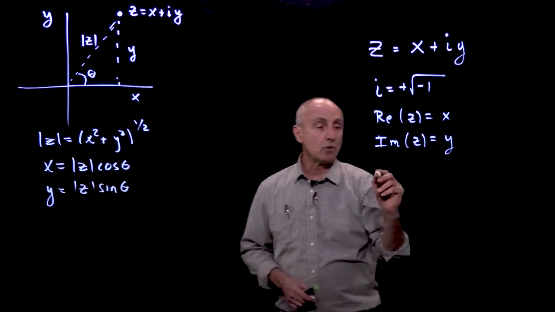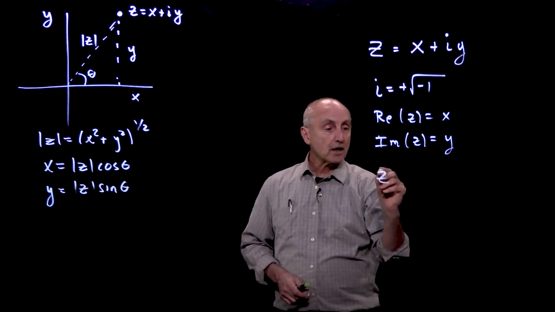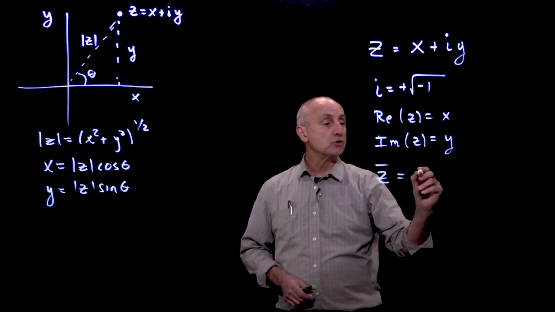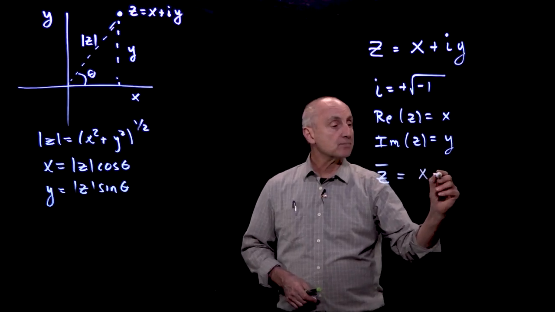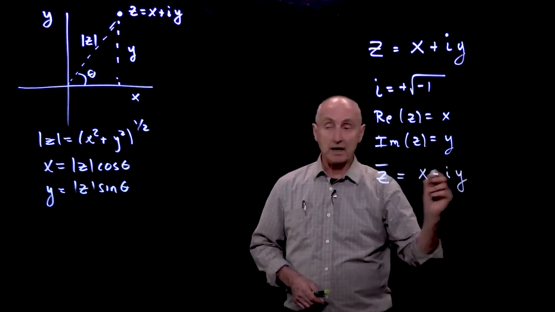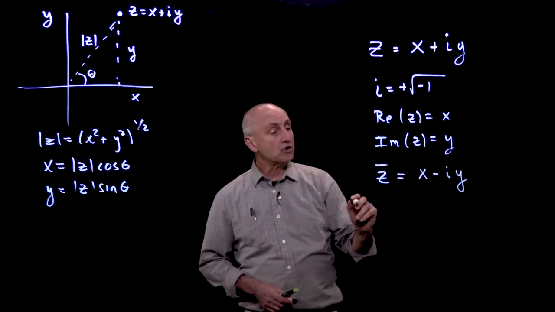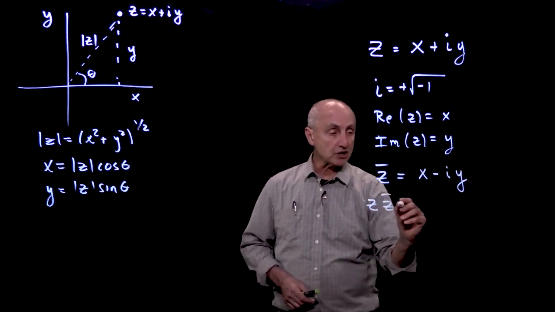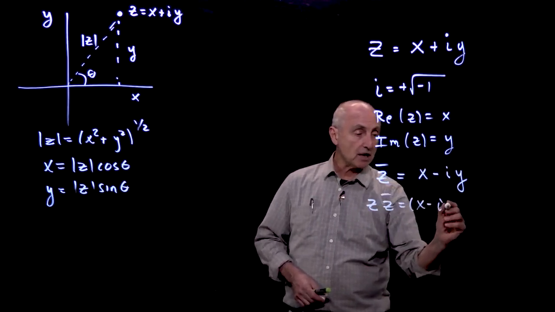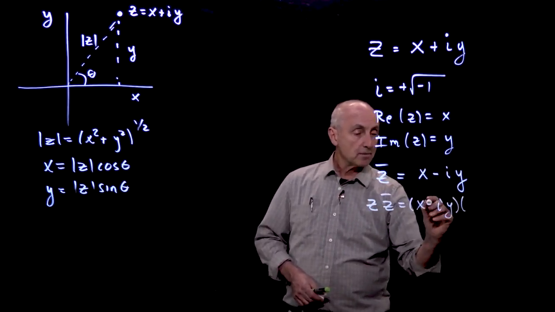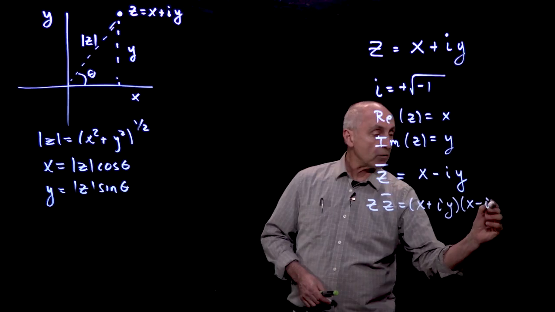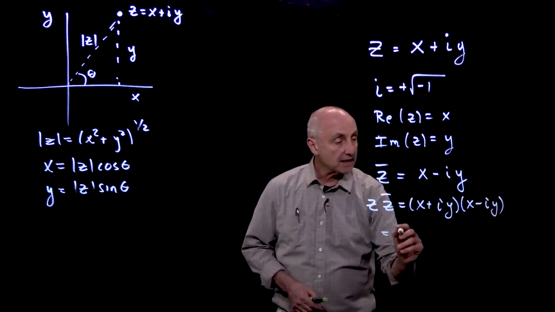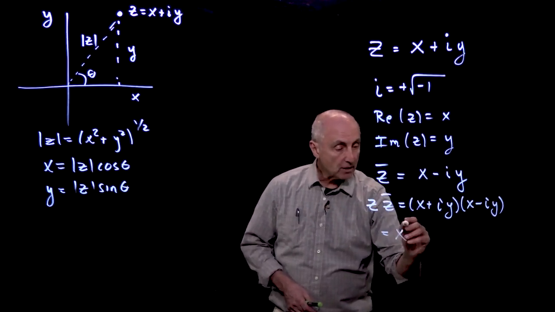Let's define what we call the conjugate complex number z bar as equal to x minus iy. So when we take the product of the complex number and its conjugate, that's x plus iy times x minus iy, and we multiply these terms out, we get x squared.